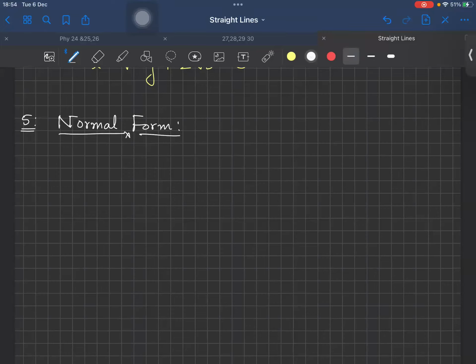First thing is that we have studied that if two lines are normal to each other, that means the two lines are perpendicular, and they make an angle of 90 degrees. So there is some line like this and some line like this. If this angle is 90 degrees, and the slope of this line is m1 and the slope of the other line is m2, then the product of m1 and m2 is equal to -1.